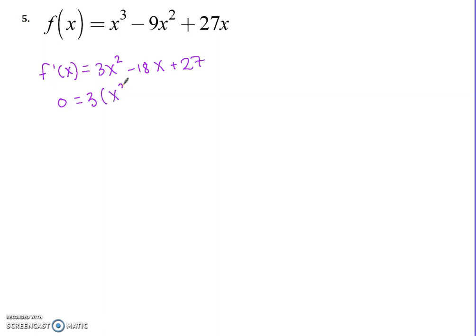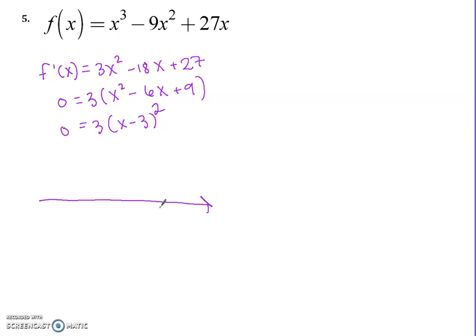So first I want to take out the 3. And then now, since this doesn't have a coefficient anymore, since it's a 1x squared, I can just do what multiplies to 9, adds to -6. That would be x minus 3 and x minus 3. So since it's repeating, I'm going to rewrite it as x minus 3 squared.